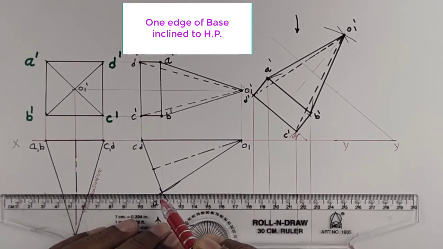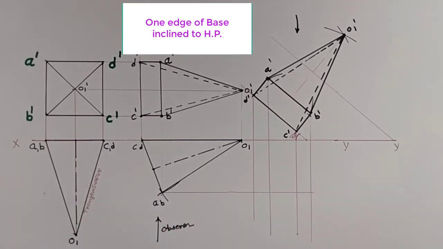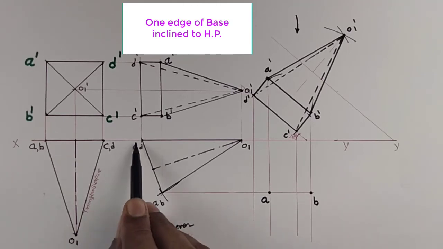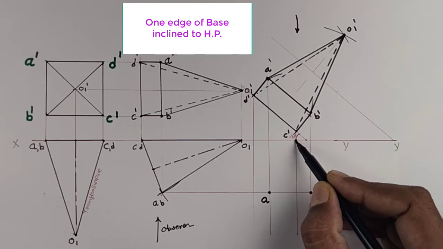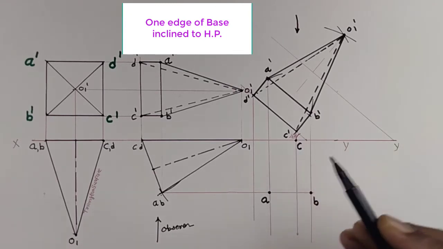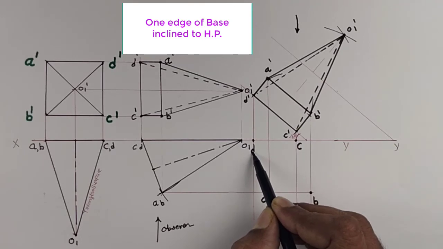So already your C and D points are on X1. So this is my A point. It is our plan of B. The C and D both are on the XY line. So this is your plan point C. It is your plan point D.